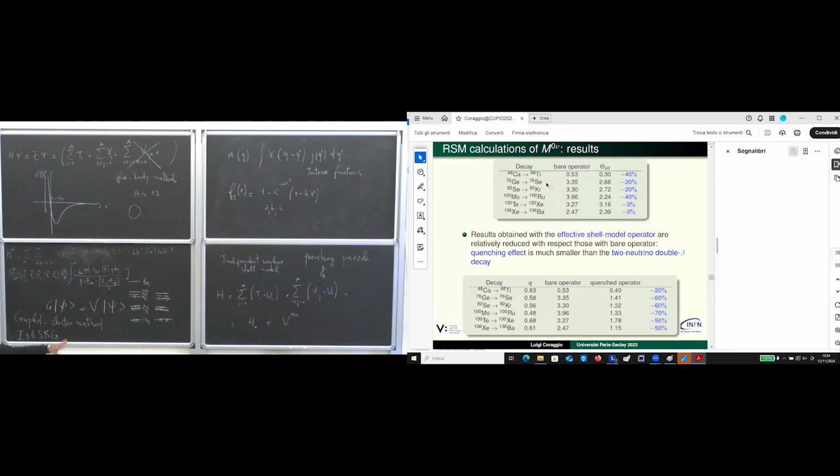I don't want to make my own seminar, but obviously what we are doing in our community is to try to improve our microscopic approaches, in order to make our theoretical framework stronger, dealing with observables.